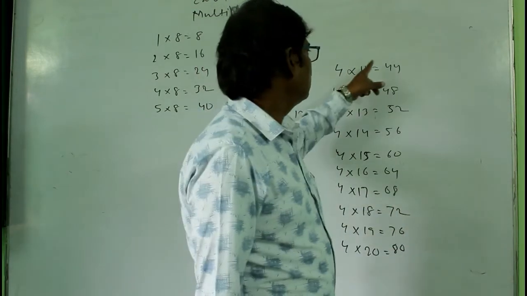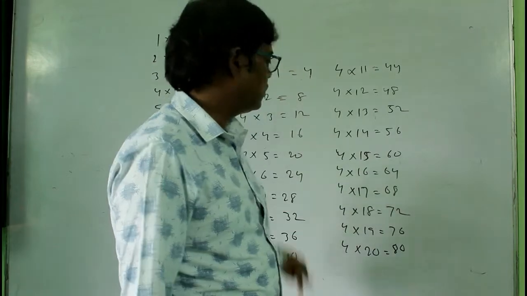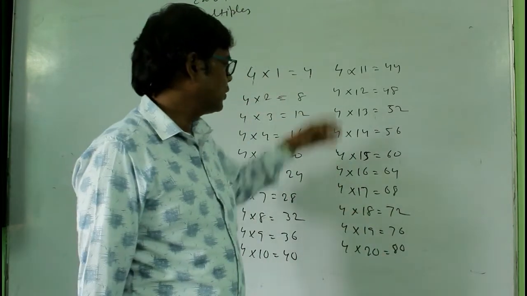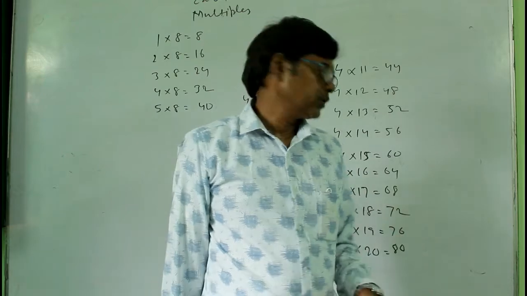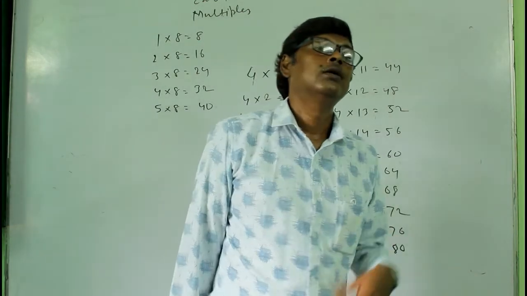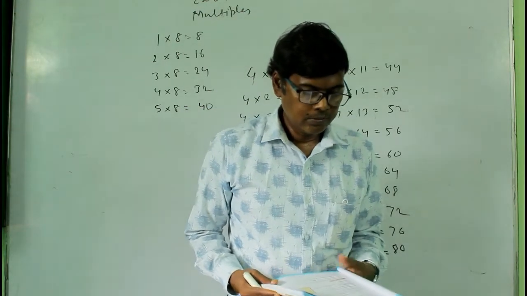These numbers are the products. All these products are the multiples of 4, and you can get more multiples. If you write 4 into 21, 4 into 22, you will be getting more multiples. So there is no end of the multiples.